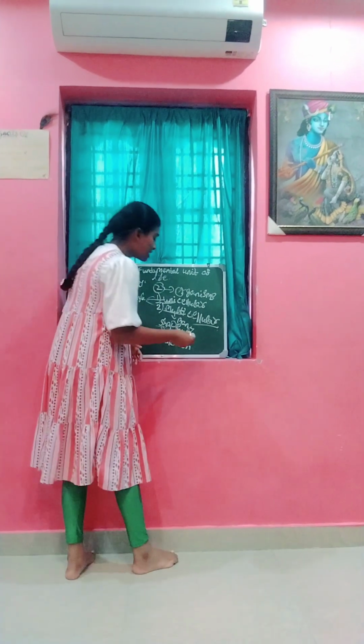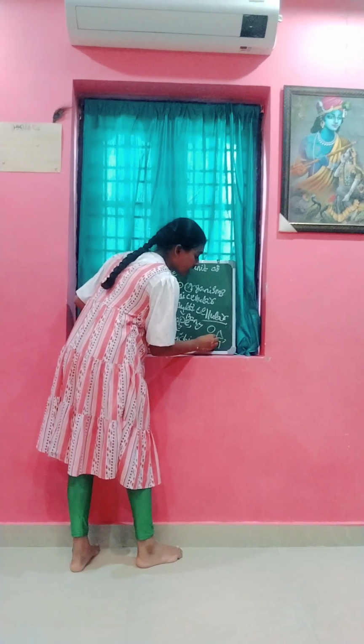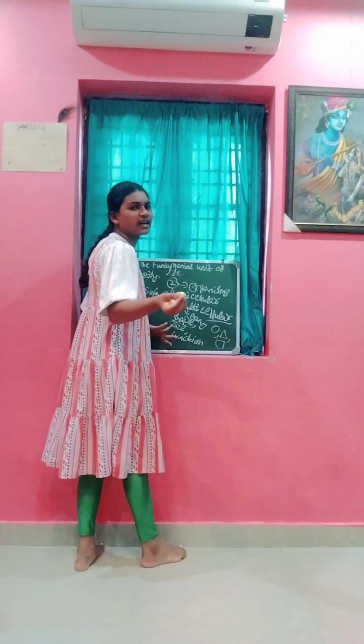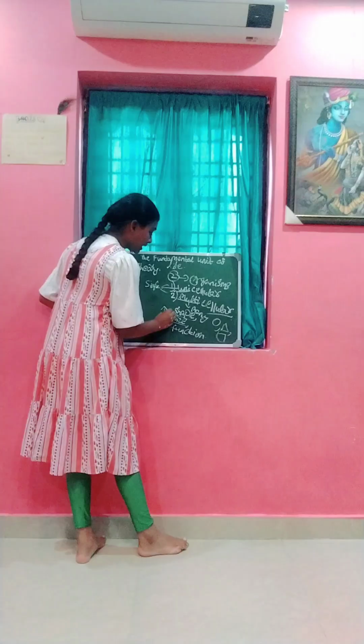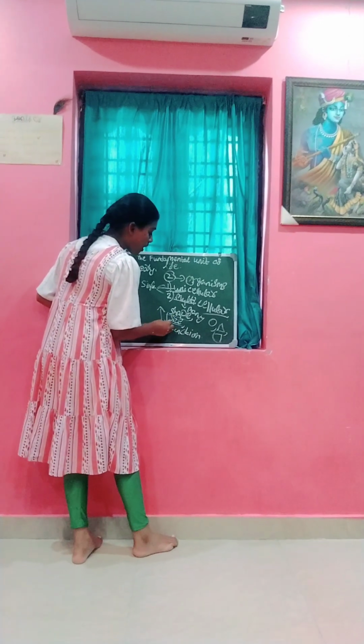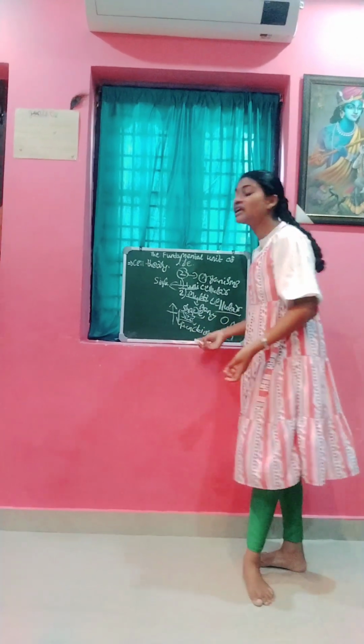Different shape means maybe circle, triangle, square, any shape. Size, maybe big, small, or moderate, any size. Whereas function, it gives the information to other parts.